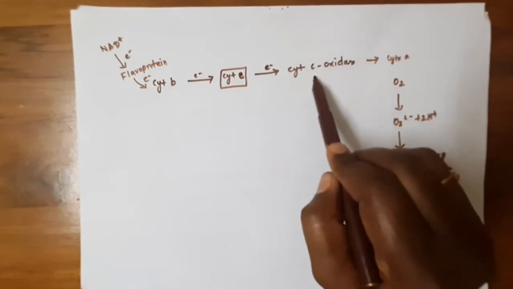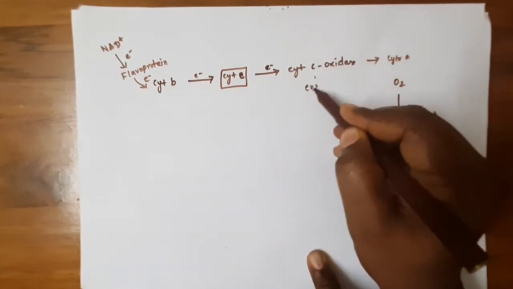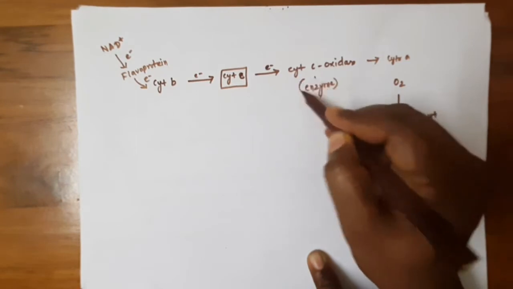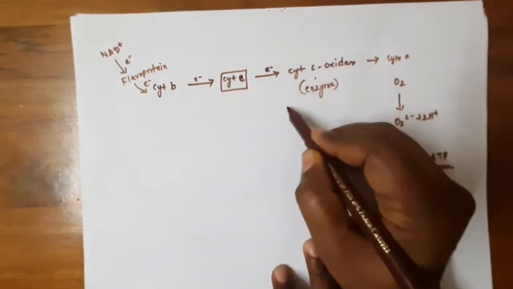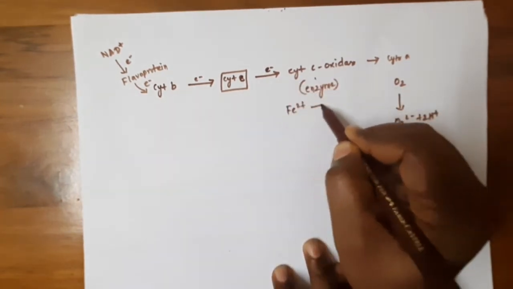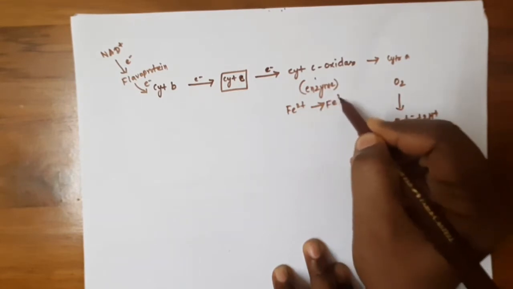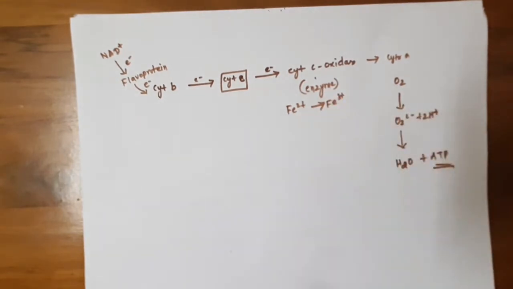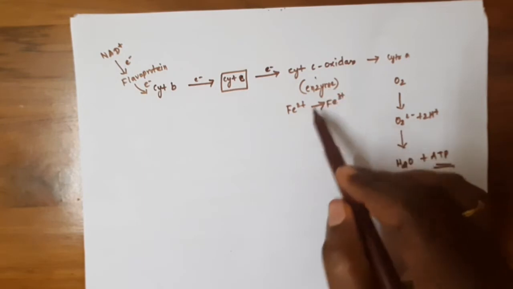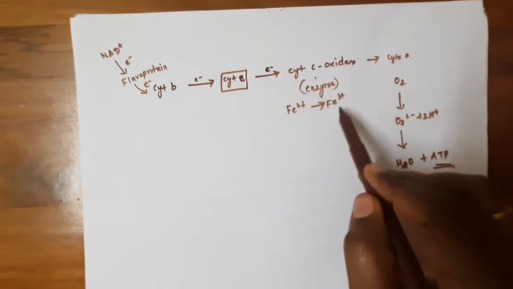So the cytochrome C oxidase, which is the enzyme oxidizing Fe2 plus to Fe3 plus, is a metalloenzyme.